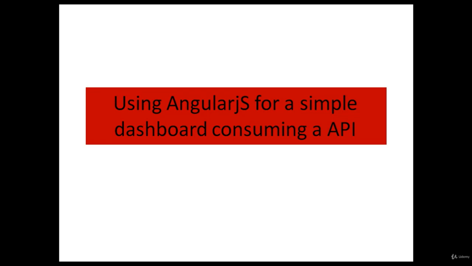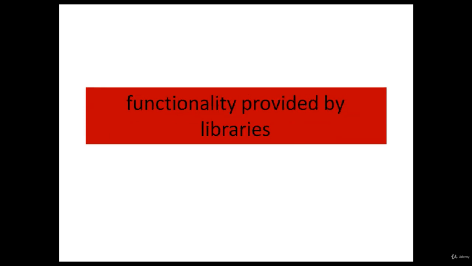To assign the API URL in AngularJS to a certain value, I currently use app.constant in the app.js file. The Angular CLI and Angular apps depend on features and functionality provided by libraries that are available as npm packages.